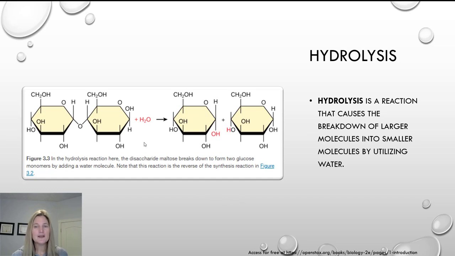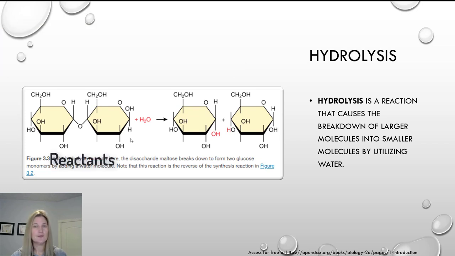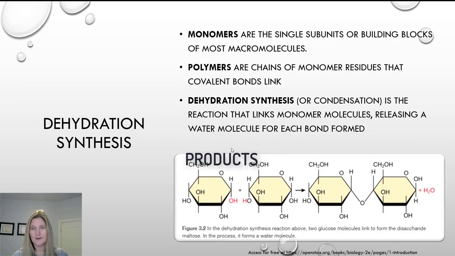So you can think of hydrolysis and dehydration synthesis as reverse equations. So here is the reactant of our hydrolysis reaction, and here are the products. But notice the products are the reactants of the dehydration synthesis reaction.